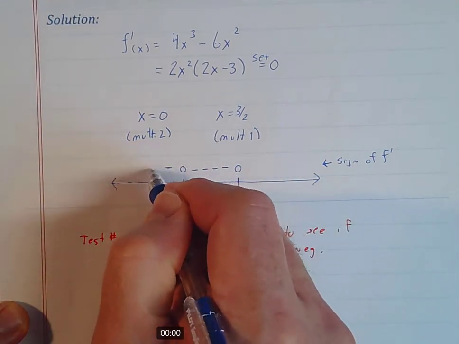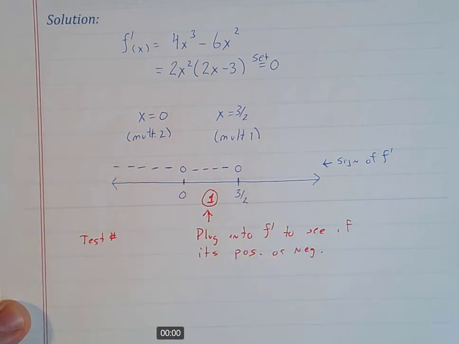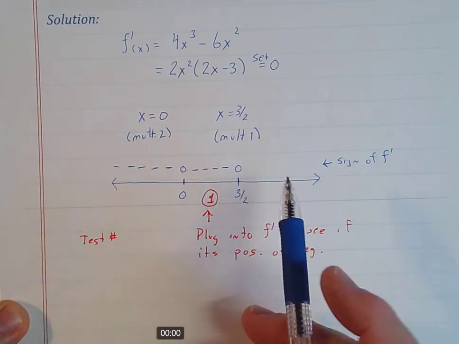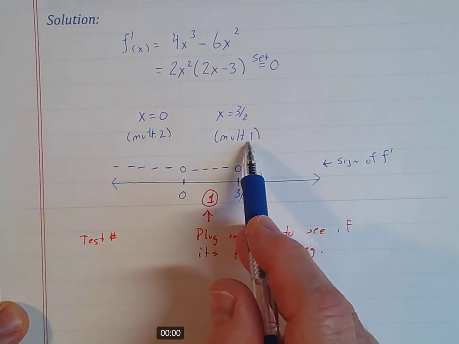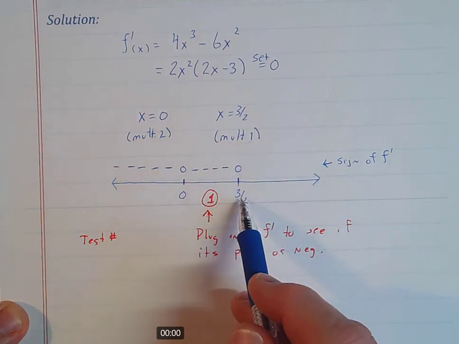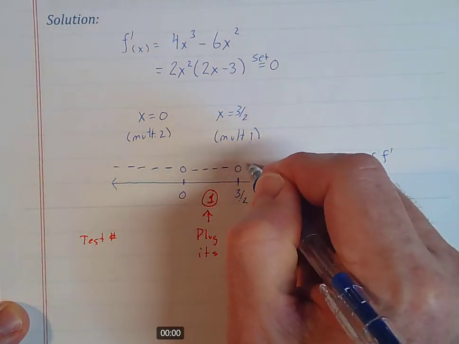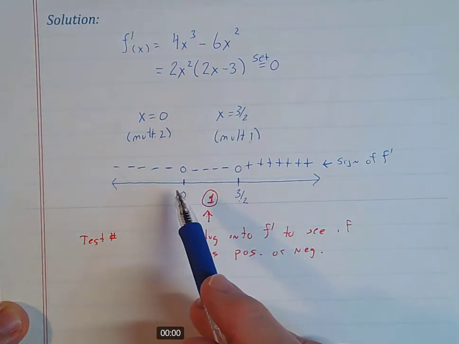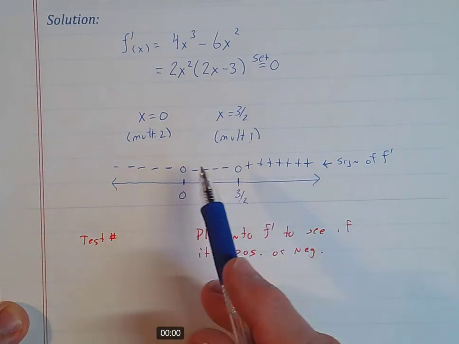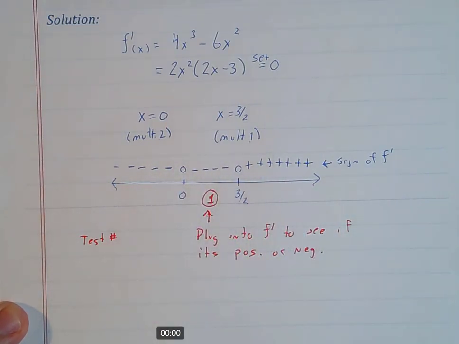So I know I've got negatives over here. And at 3/2, which has odd multiplicity, right? 1 is an odd number, the sign will change. So like I said, if you want to choose test numbers over here and plug them in, fine. You can get your pluses and minuses that way, but it's not exactly the quickest way of doing it.